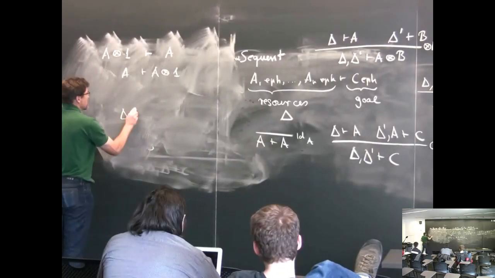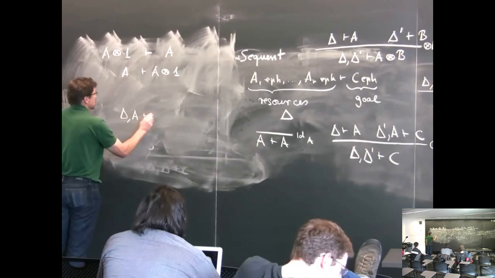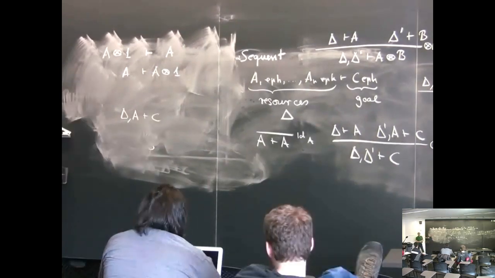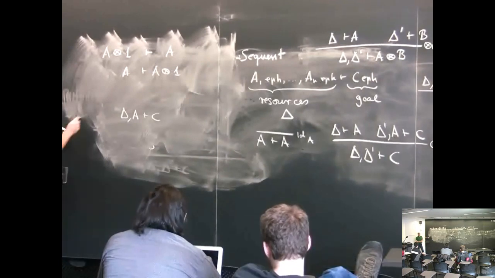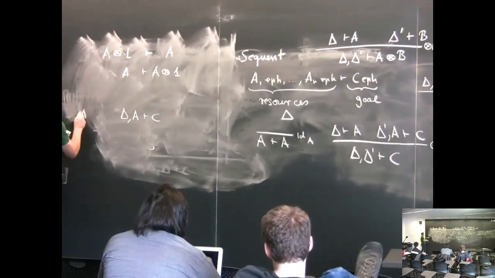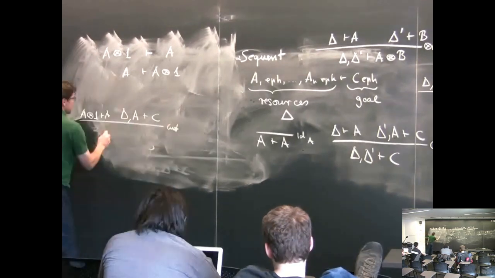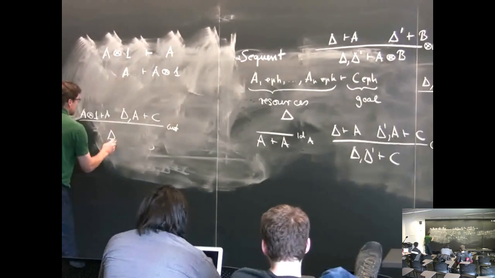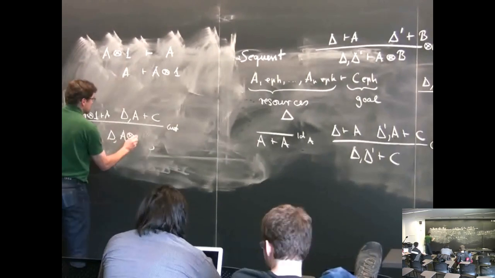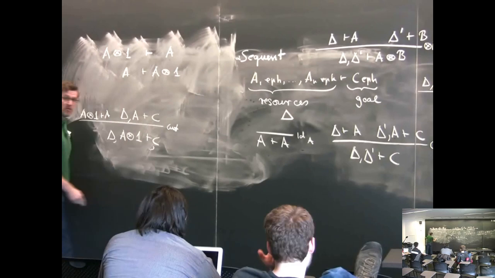So we have something that proves C from A. Now, how do we get from this to a proof that uses A tensor 1 instead? Cut, right? So we cut that with the proof that goes from A tensor 1 to A. We apply cut, and we get a proof that just goes from delta together with A tensor 1 to C.